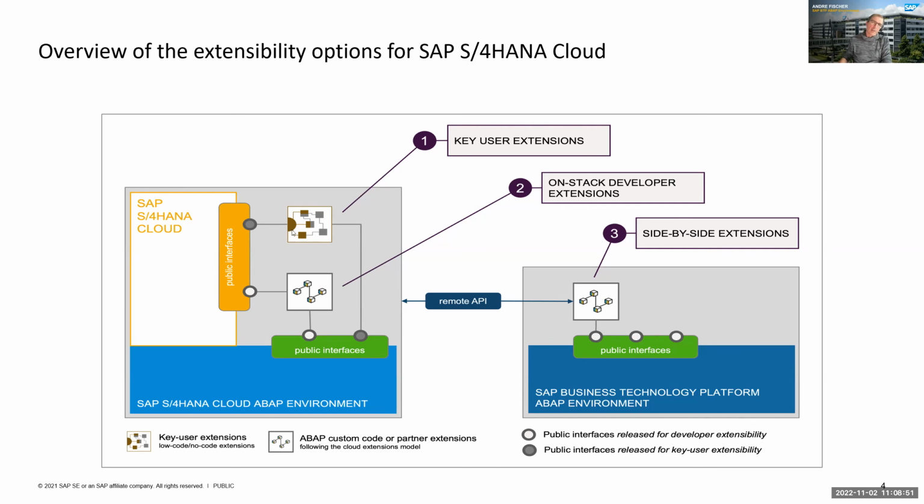Then, which is now new, there is the option to do so-called on-stack developer extensions. That means you can develop with ABAP on SAP S/4HANA Cloud, and that's something which was not available so far. We call this also embedded Steampunk.